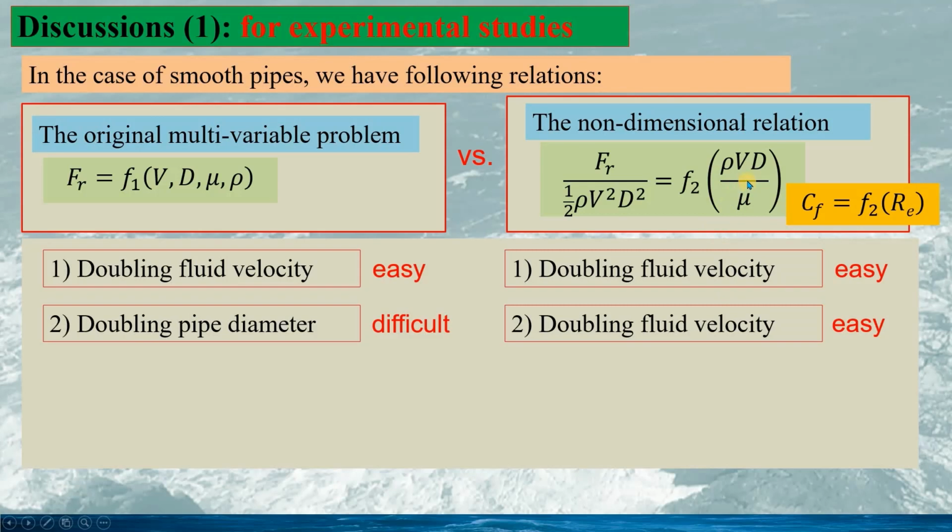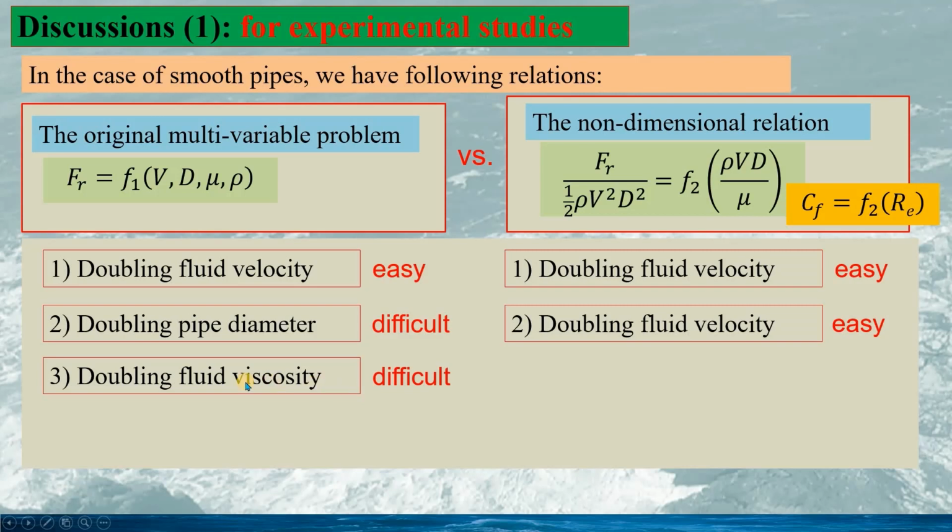Instead, we can change the velocity of the fluid in terms of Reynolds number. And if we look at the friction coefficient, changing the velocity and changing the diameter would have a similar effect on the friction coefficient.